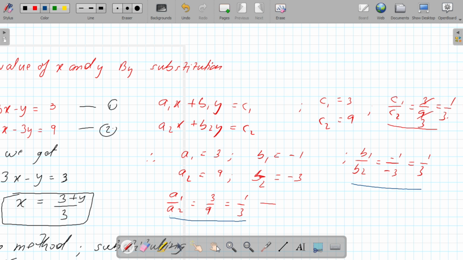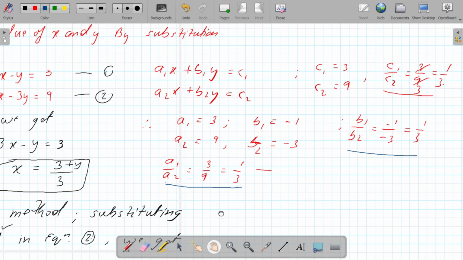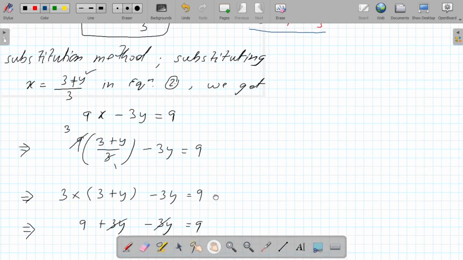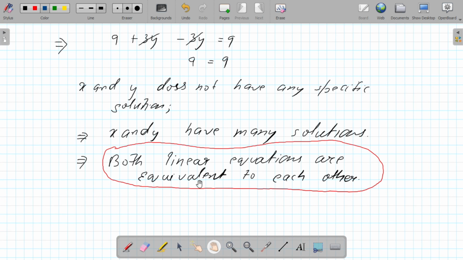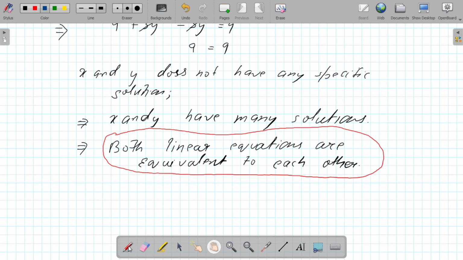So here we can write this algebraically: both linear equations are equivalent to each other. That means a1 by a2 equals to b1 by b2 equals to c1 by c2.